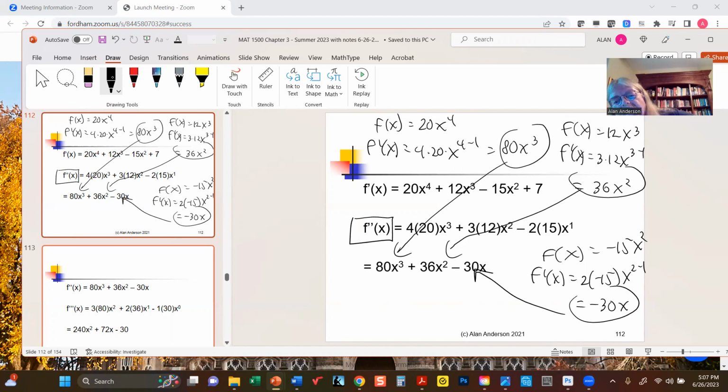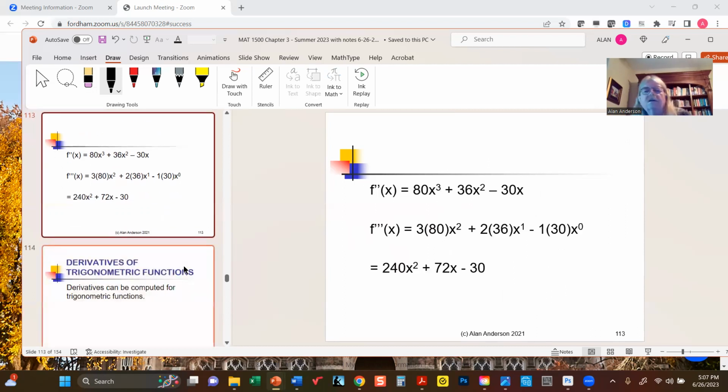And then finally, we'll do the third derivative. And again, it's just for practice. You don't see third derivatives very often. Okay, so if this is our second derivative, the third one, we apply the power rule to each term separately, as we always do.